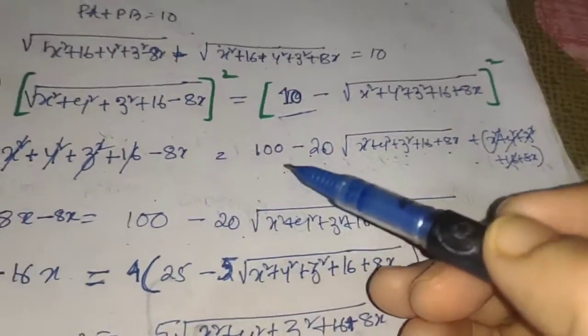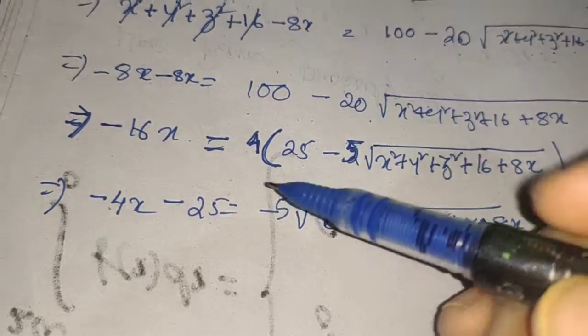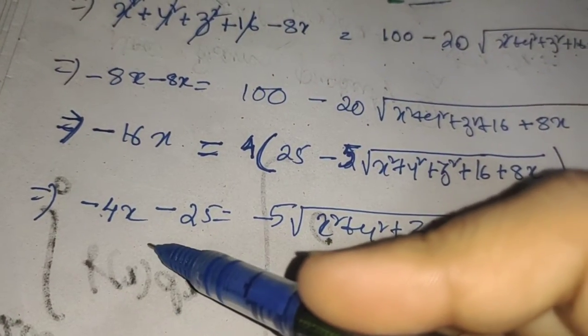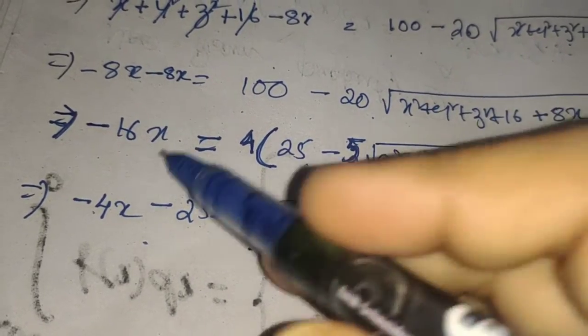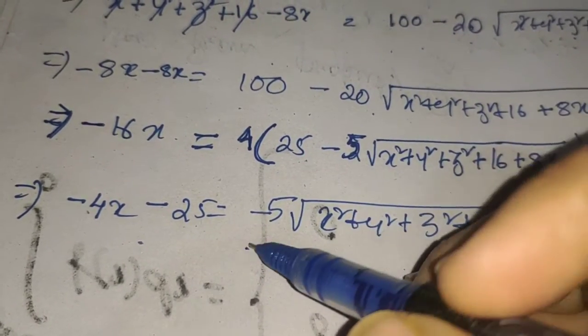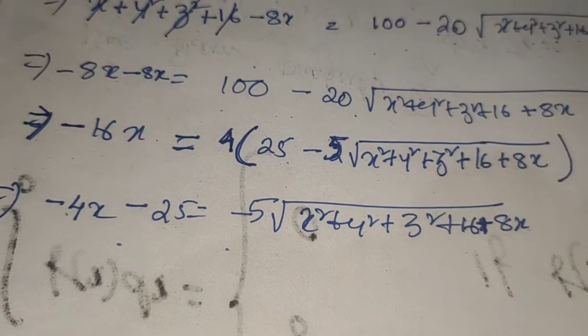So we can take 4 common from both the sides. So ultimately if we cancel it, it will be minus 4X minus 25, because this 25 will go this side, and then minus 5 root over X square plus Y square plus Z square plus 16 plus 8X.